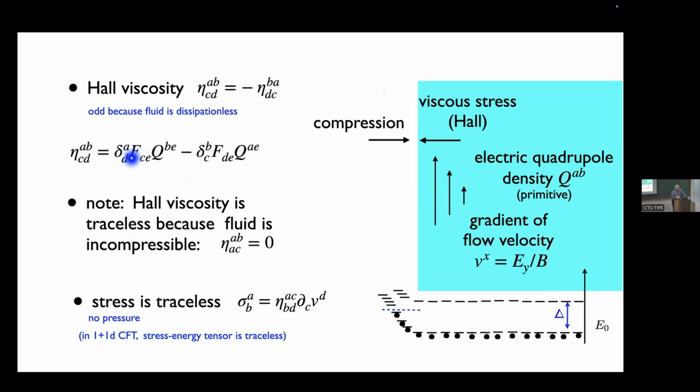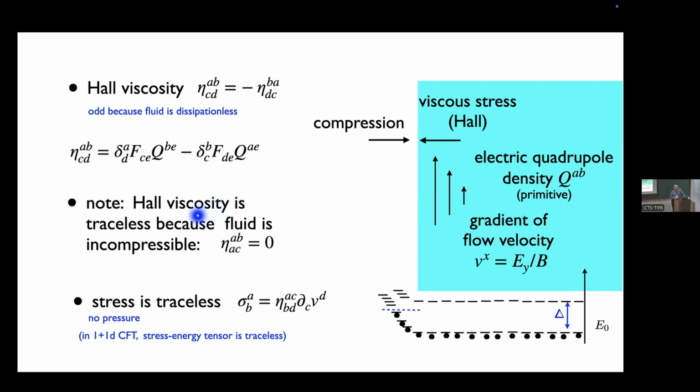The simple formula is actually a combination of the magnetic flux, which is odd under time reversal, because this is so-called odd viscosity, and the density of electric quadrupoles, the quadrupole density, which has dimension of electric charge in 2 dimensions.